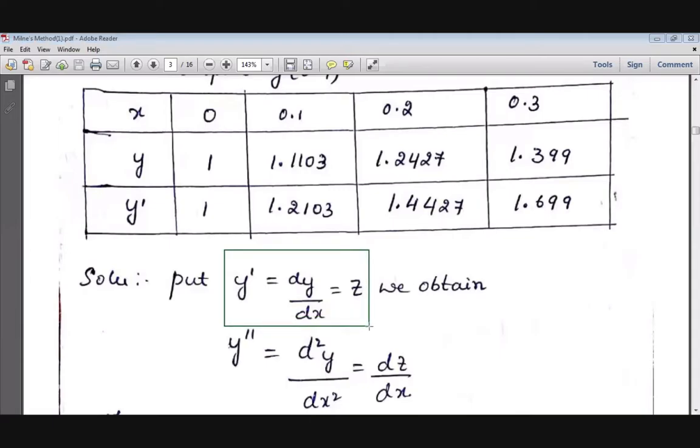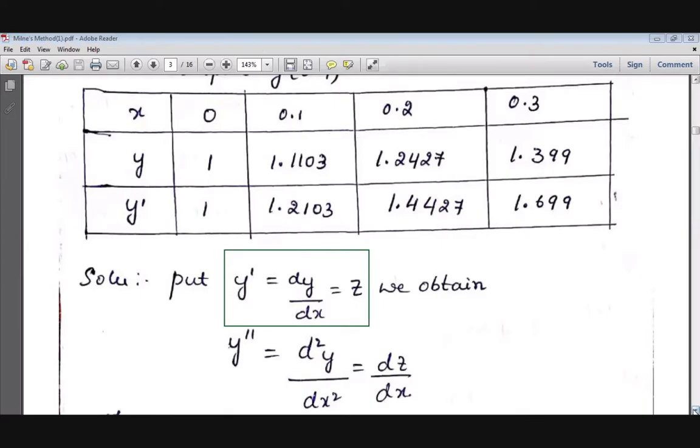First step is the same. Differentiate with respect to x. If you differentiate y dash, that will be y double dash. If you differentiate this, that will be d square y by dx square. If you differentiate z, that will be dz by dx.